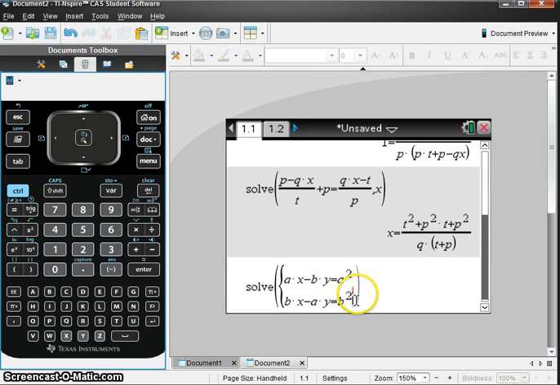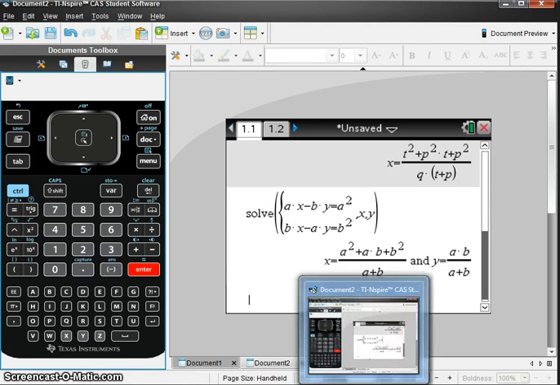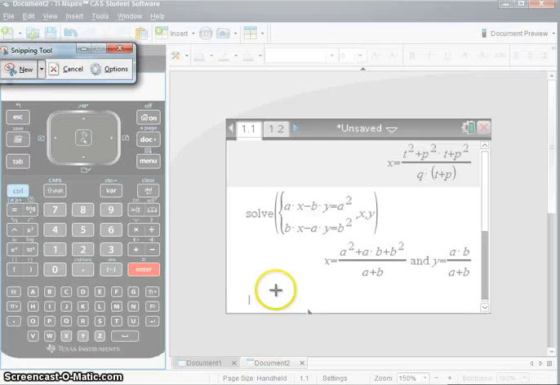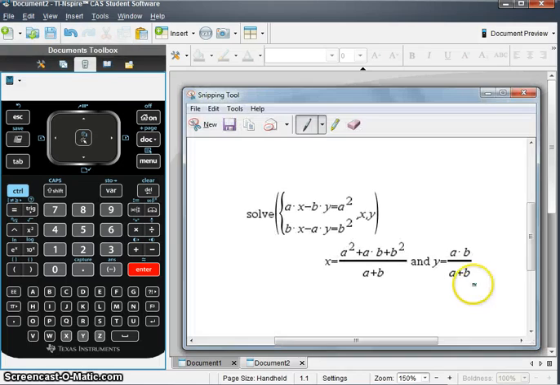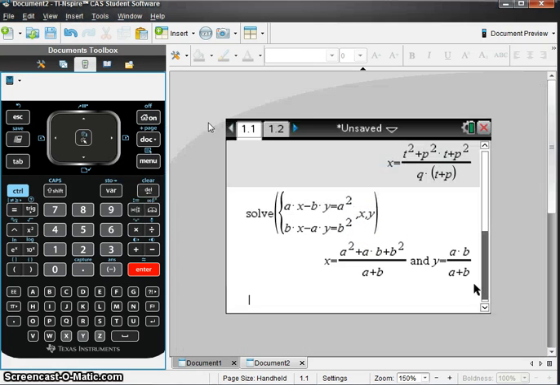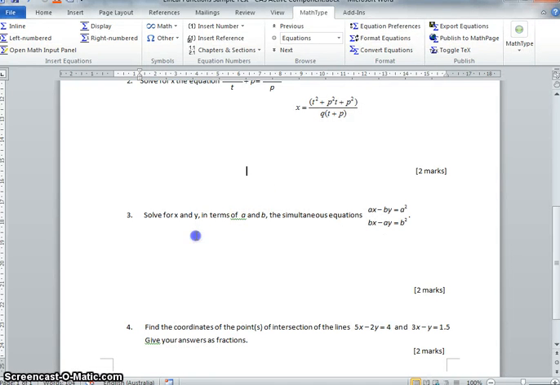And then we're asked to solve for x and y. So we just do that, and it produces those results. So I'm just going to cut and paste it, and we'll just copy it across into the Word document, paste it just in here.